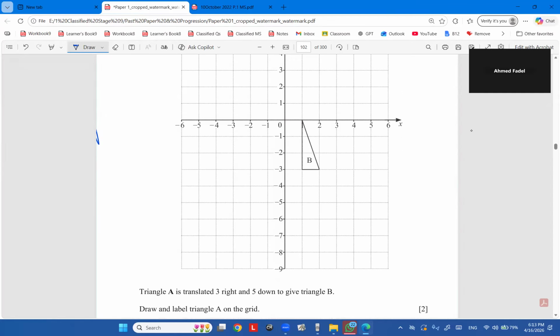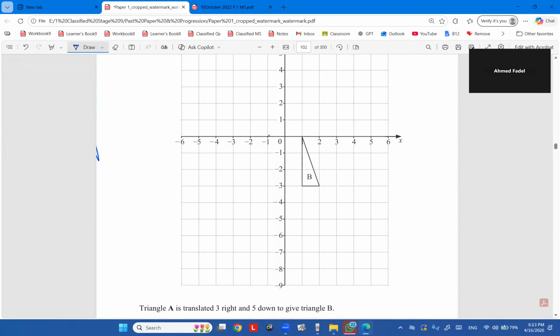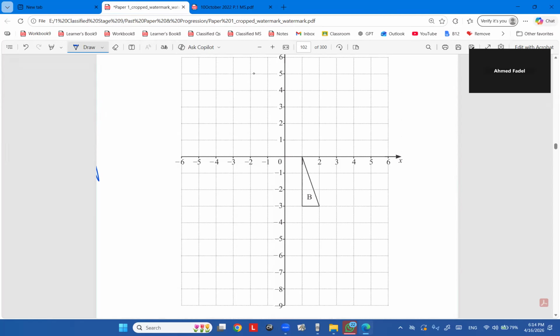So 3 left, 5 up, 1, 2, 3 left, 1, 2, 3, 4, 5 is going to be there, up here. You just need to use the ruler and start drawing the same shape exactly. 3 steps down, then you draw this line, then you connect them.